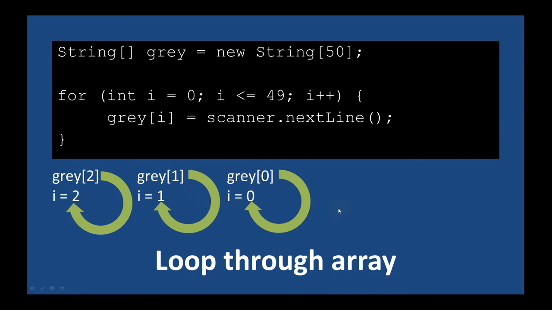So it keeps going, and with this you basically scan the whole array. You loop through the whole array and you scan every single element of it, one at a time. So this is very convenient. You only have to declare one, right? And the rest is done with the loop.